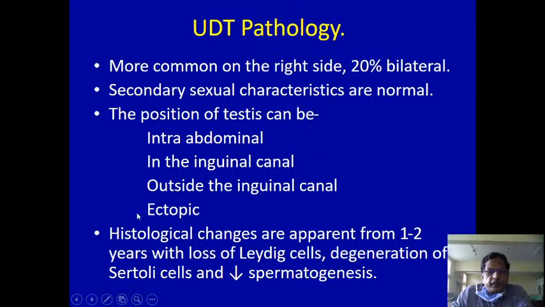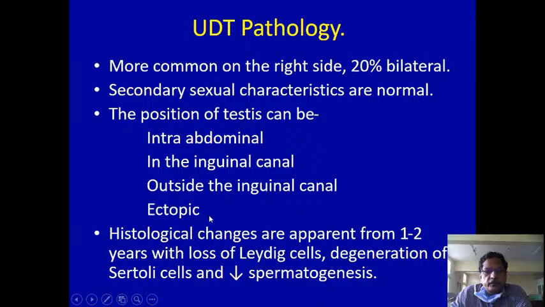When it is ectopic, it comes out of the external ring normally in its normal path, but it doesn't reach the scrotum. The commonest ectopic location is the superficial inguinal pouch. See, superficial inguinal pouch is just inferior and lateral to the external ring.